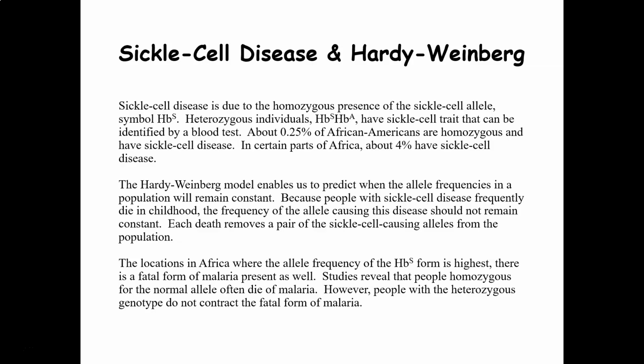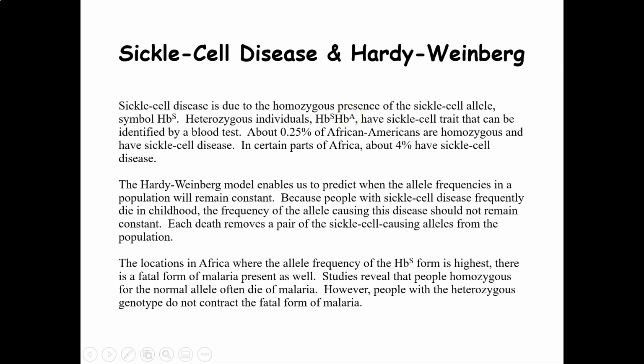So let's take a look at what this actually looks like in practice with a real example. Let's talk about sickle cell disease, because this is an interesting example of how traits get passed on differently in different populations. Sickle cell disease is due to the homozygous presence of the sickle cell allele. We're going to use the symbol HbS, because it is your hemoglobin and it's sickled; it's got a sickled shape to it. Your heterozygote individuals have 1 of each, a sickle cell allele and a normal folding allele as well.